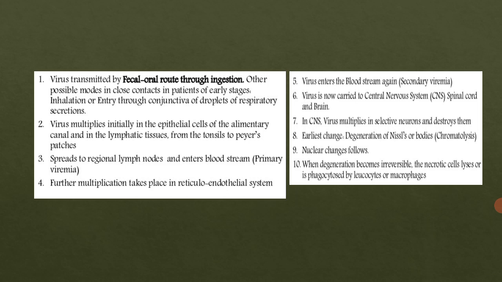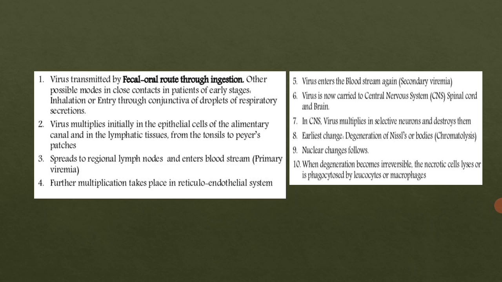Then the virus will spread to the lymph node and the bloodstream, and as it enters the bloodstream it causes the primary minor viremia. Then further multiplication takes place in the reticuloendothelial system.